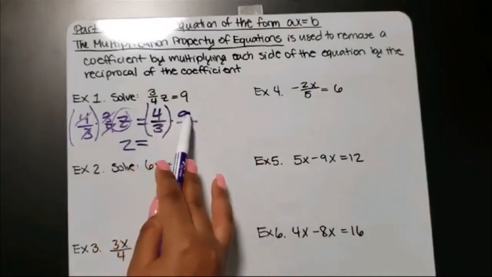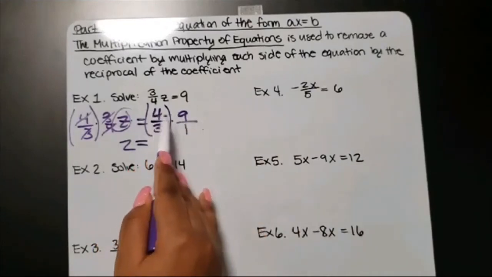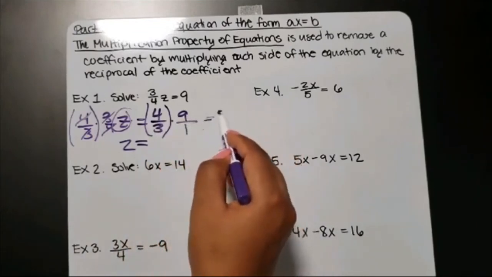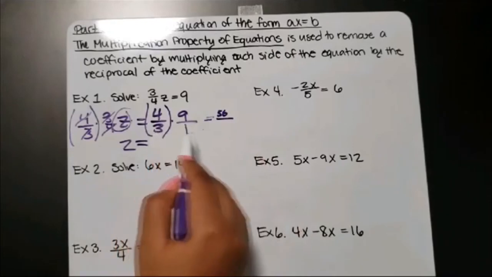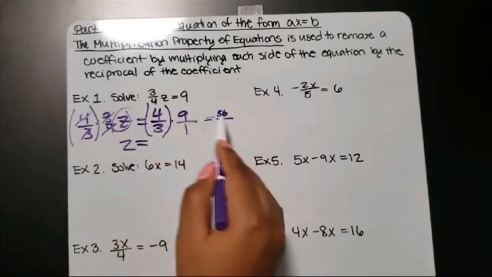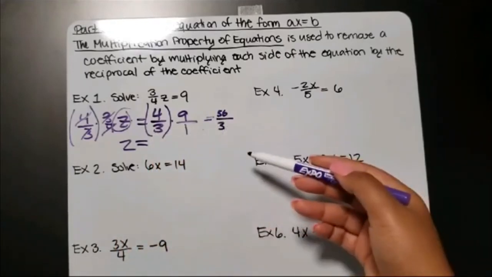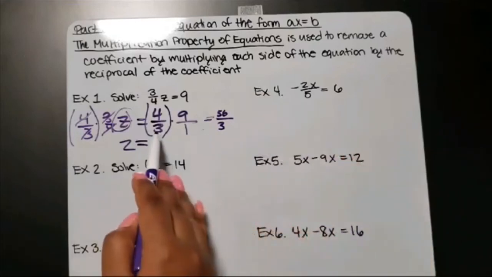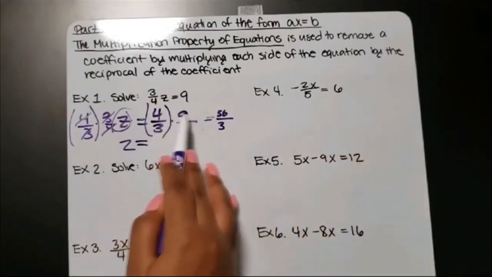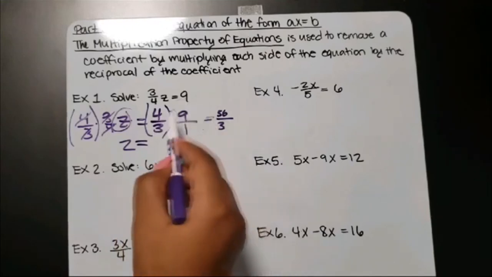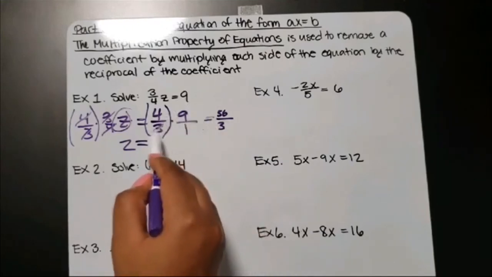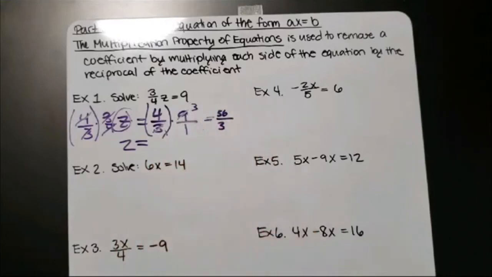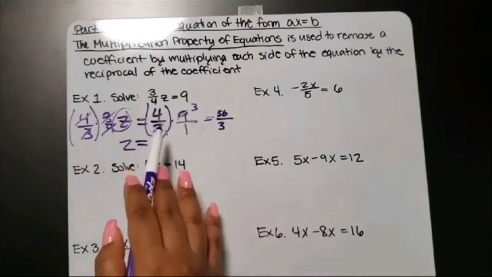So we can multiply straight across and get 4 times 9, which is 36, and 3 times 1, which is 3, and we can do 36 divided by 3 to get 12, or we can look at the 3 and the 9 and say 3 goes into 3 one time and 3 goes into 9 3 times.